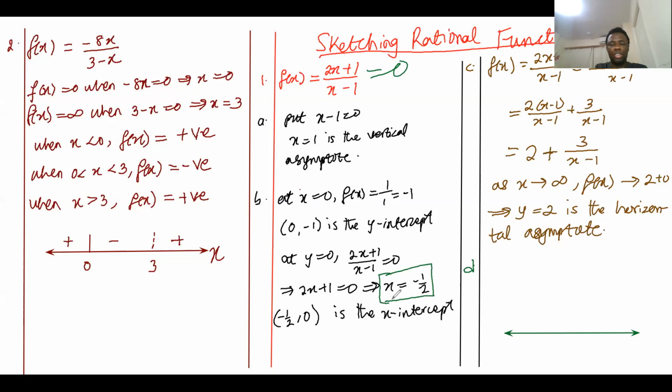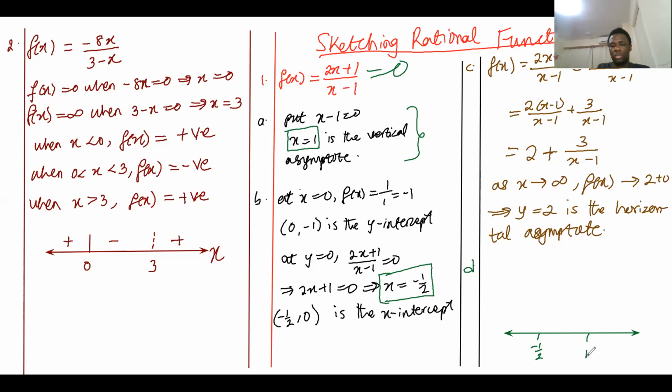Also, when the function does not exist, which means when the denominator is 0, you also need this. X is equal to 1. Talk to me, please. Understood? Yeah. All right, good. Yes. So we have -half, then we have 1.